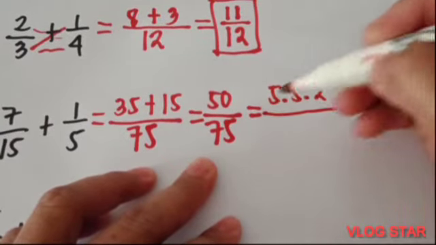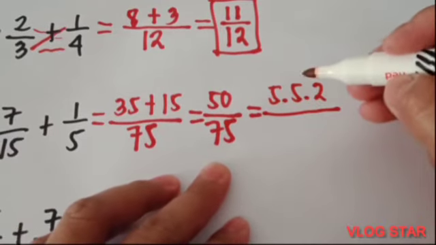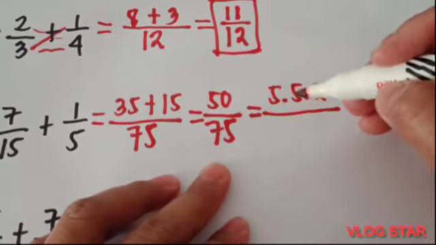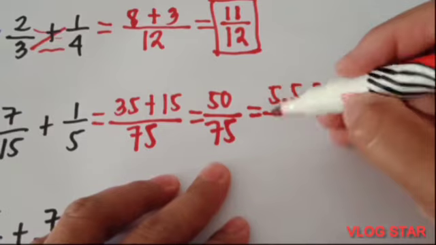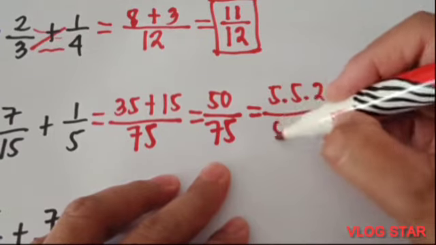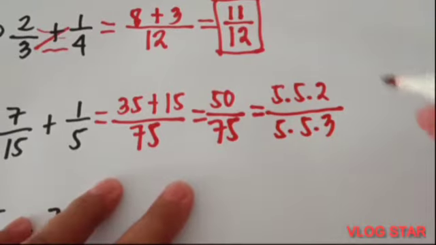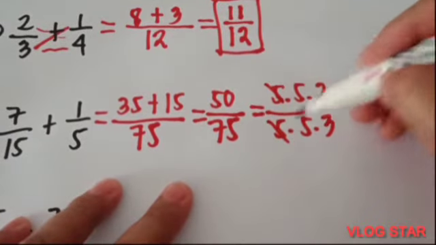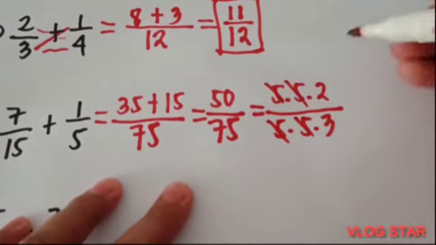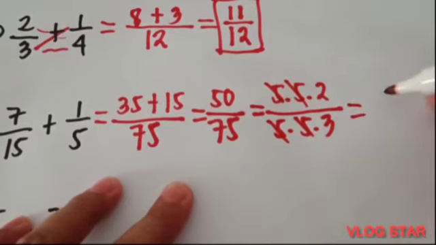So, ang prime factor naman ng 75 is 25 and 3. So, ang 25 is 5, 5. So, 5, 5, 3. Cancel natin yung 5, 5. Cancel ang 5, 5. So, ang final answer natin is 2/3.